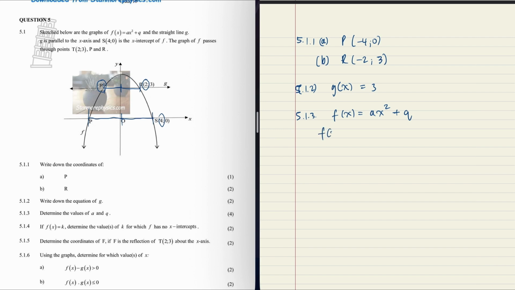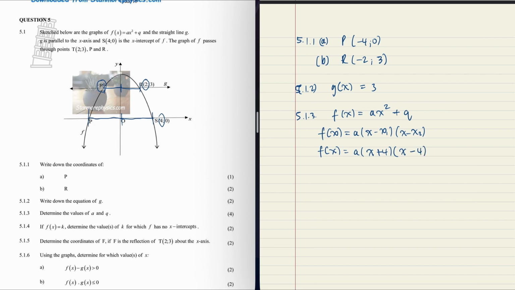So f(x) = a(x - x₁)(x - x₂). We also need to substitute a point here, but we'll do that now. So f(x) = a(x - (-4))(x - 4), so f(x) = a(x + 4)(x - 4).